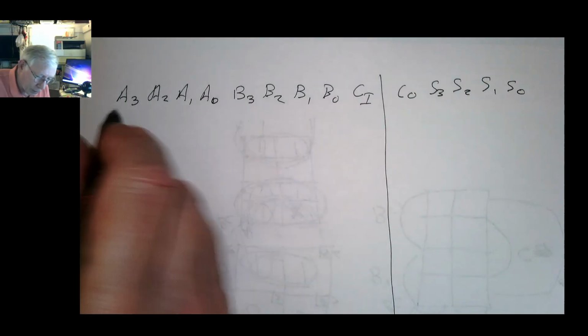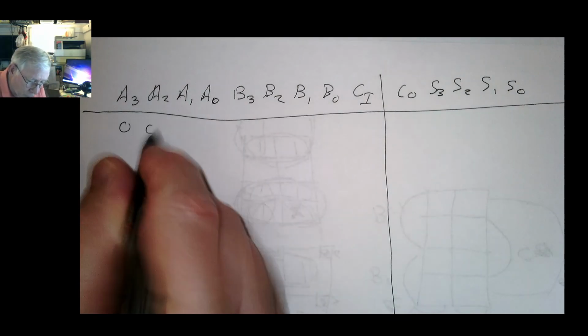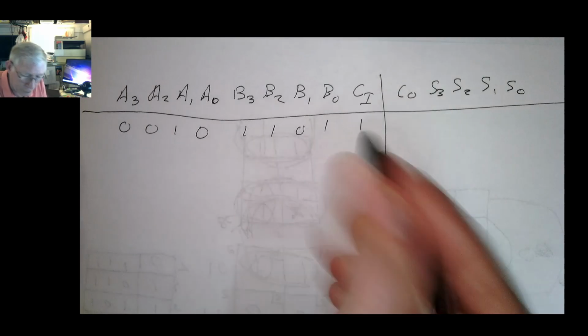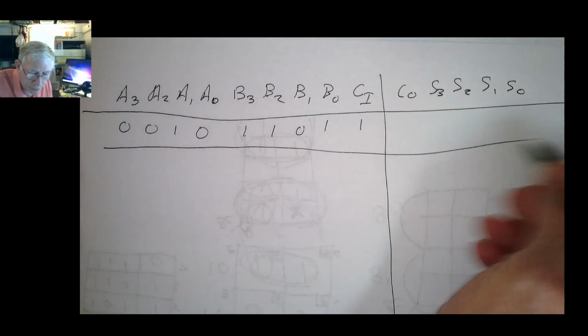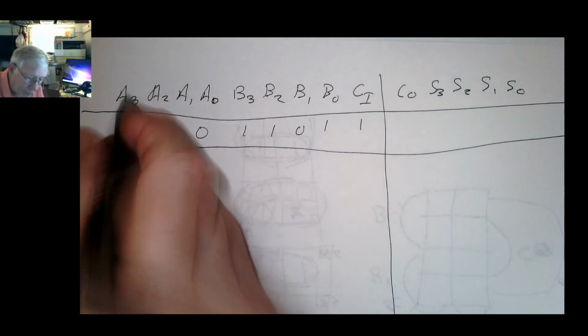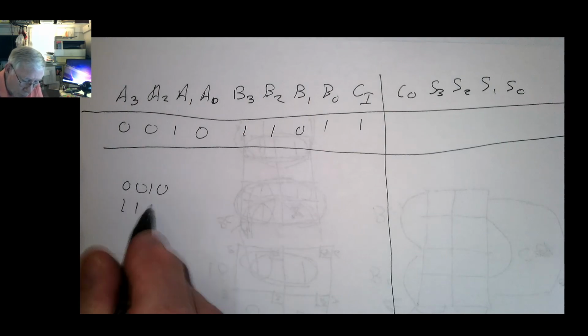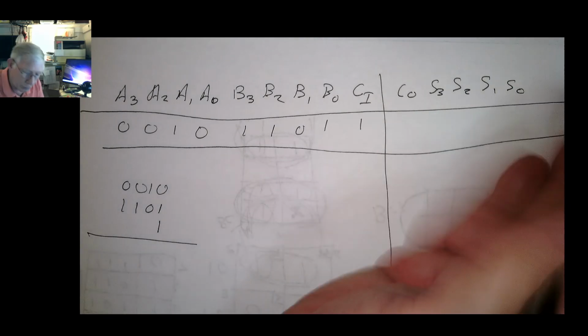Now let's say I just arbitrarily pick some values here. Let's say I have 0, 0, 1, 0 for A, 1, 1, 0, 1 for B, and a 1 for a carry in. What values should I have over here? Well, it's easy. I just add the A, 0, 0, 1, 0, to the B, 1, 1, 0, 1, plus the carry in, 1, add these up, and that tells me what these bits should be.